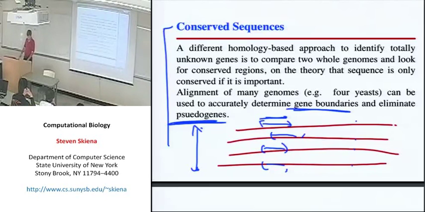So if I want to find what are important genes in humans, it would probably not do me too much good to sequence everybody in the room. Why is that? Because yes, your genes are going to be very similar, but also your non-genes are going to be very similar, right?